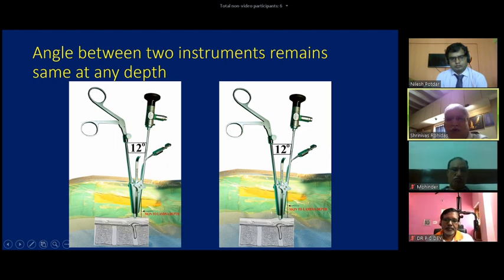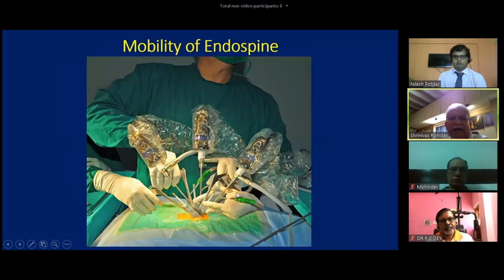This is in the obese patient, this is in the thin patient. The instrument is targeted in front of the endoscope. The whole tube can go inside. At the same time, you can still target the instrument in front of the endoscope and the angle remains the same. But you can move the whole system at the site of the pathology. Like this, you can move the whole system at the site of the pathology.